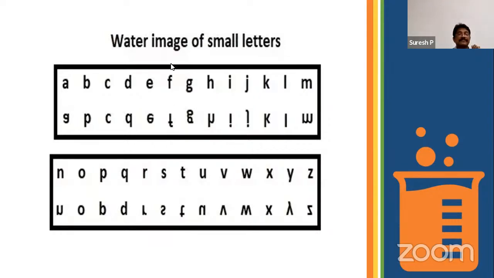And the water image of F seems to be like T and the water image of T seems to be like F. So you have to identify all these letters and water images. That's most important. Okay, now we will go to the next one.